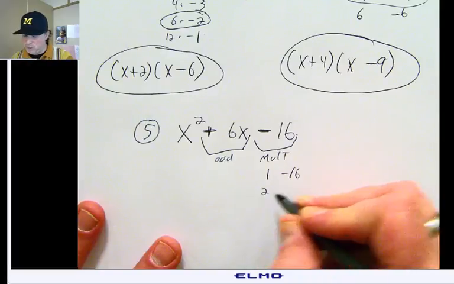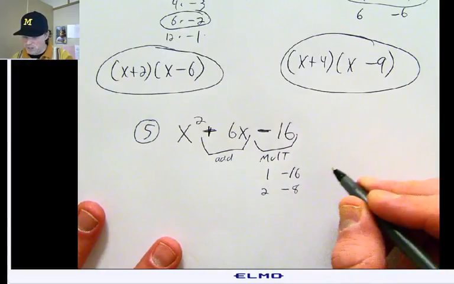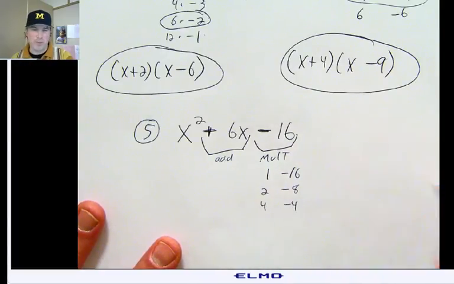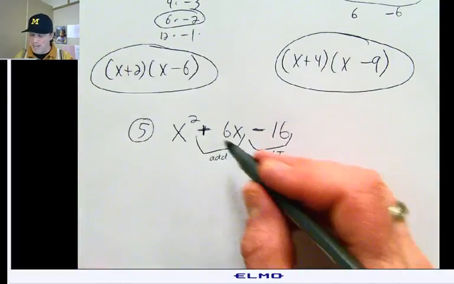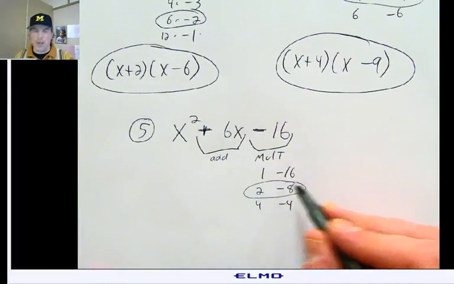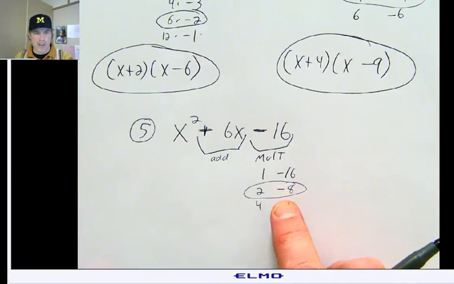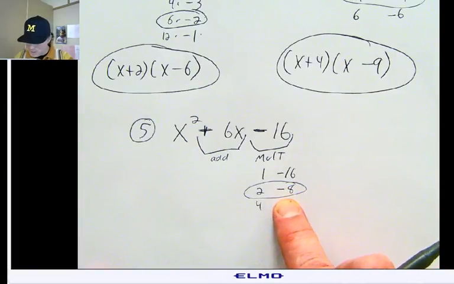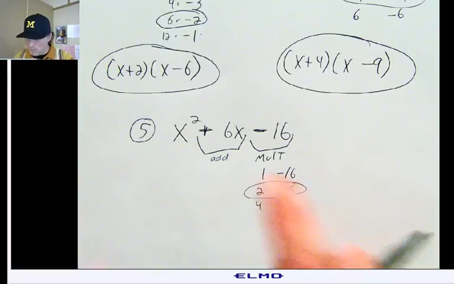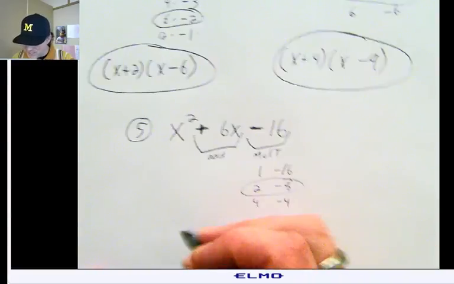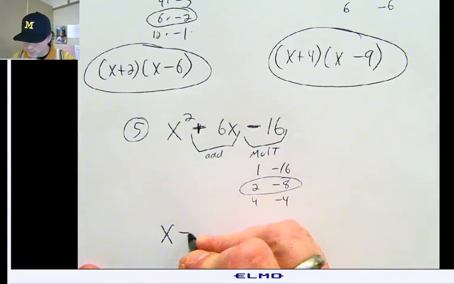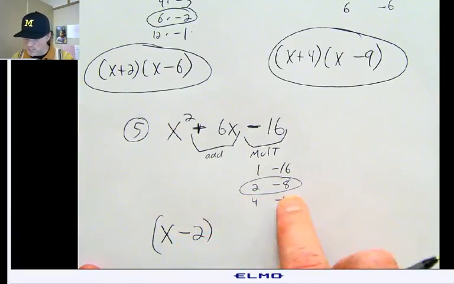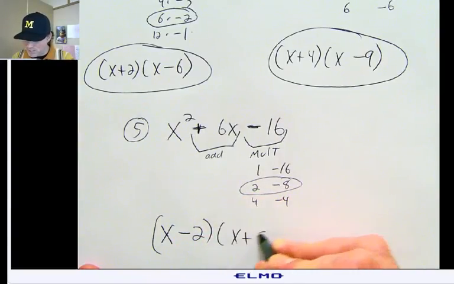It could be 1 and negative 16, 2 and negative 8, or 4 and negative 4. Those are the ways to multiply to negative 16. Now which one of these adds up to 6? I notice these two add up to negative 6. So because I want them to add up to positive 6, that means it must be the opposite. So instead of x plus 2, it's x minus 2, and instead of x minus 8, it's x plus 8.